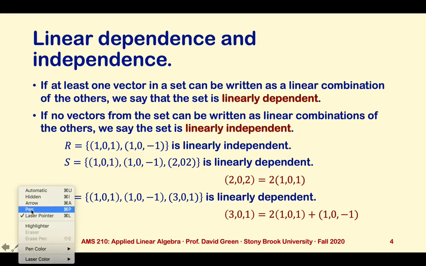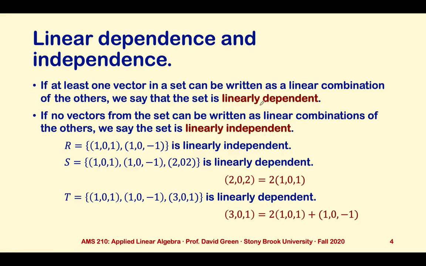If we had added a third vector that could not be written as a linear combination, for example, to the set (1, 0, 1), (1, 0, -1), if the third vector we added was (1, 0, 0), this would be a linearly independent set because clearly this third vector cannot be written as a linear combination of the first two.